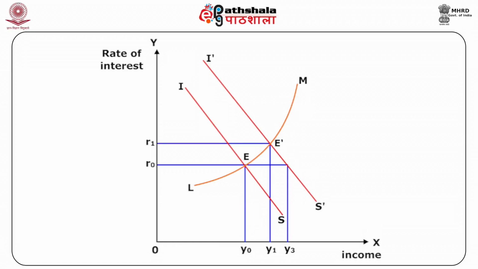It is upward sloping. And then we have also seen with the help of a small derivation that the slope of a real LM function is just like the slope of a nominal LM function.